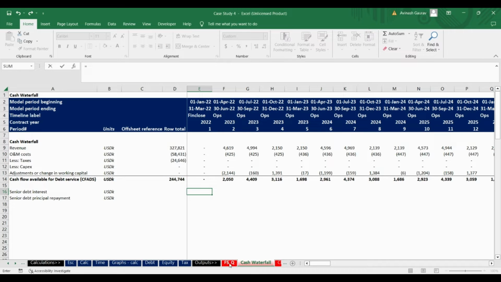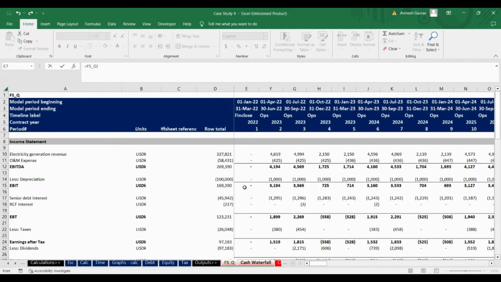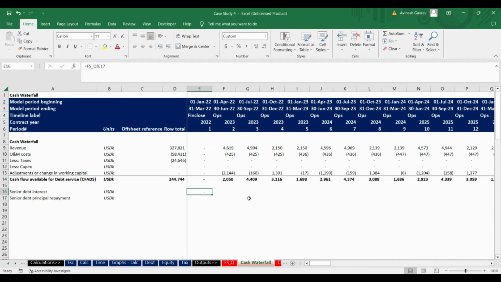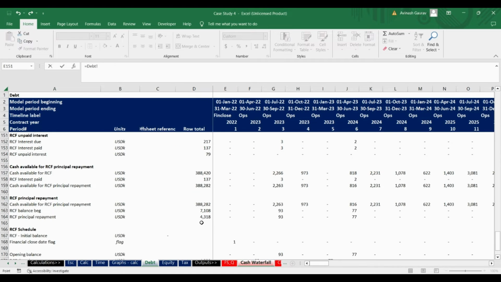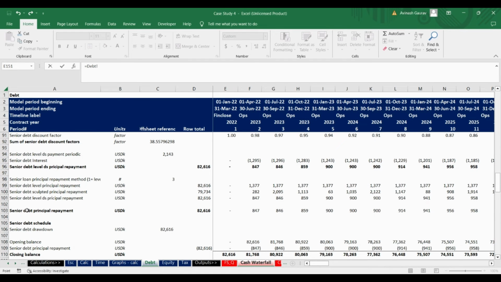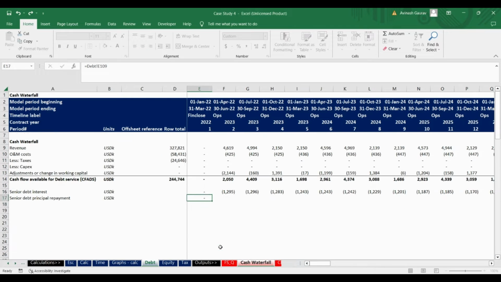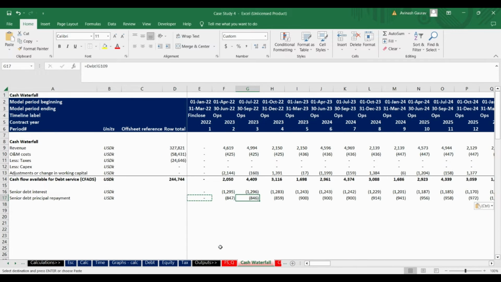So senior loan interest, I have already mentioned this in my P&L statement. So I will link it with my P&L statement. And senior debt principal repayment, we already have calculated in our debt sheet. Okay, so here we have senior debt principal payment. It's already a negative sign, so I can simply link it from there. Now I can do a row total.